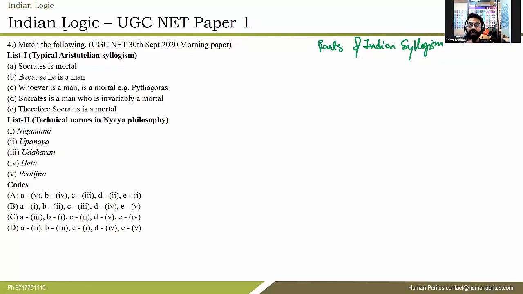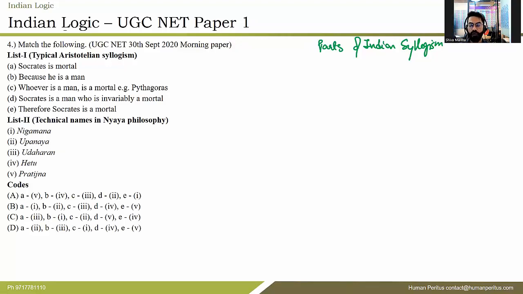Aristotle also gave the syllogism, which we study in logical reasoning, right? Everybody has studied categorical syllogism and all those things, right? From there, we got the middle term, major, minor, those terms. In Indian logic also, we have syllogism, right?